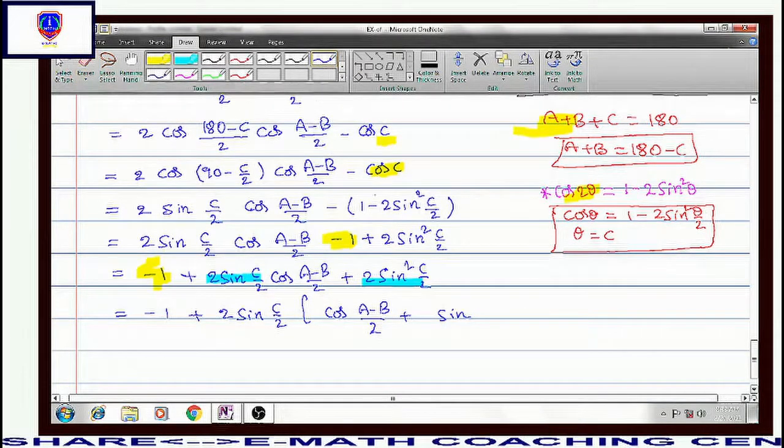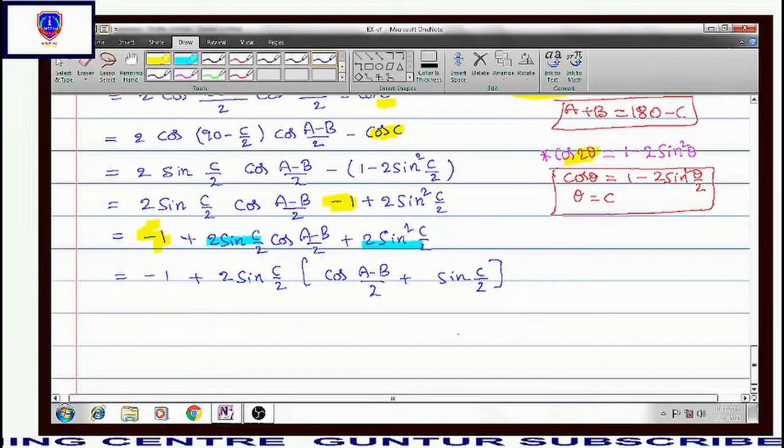Now, sine C by 2, since these are triangle angles, we can replace C with 180 minus (A plus B).